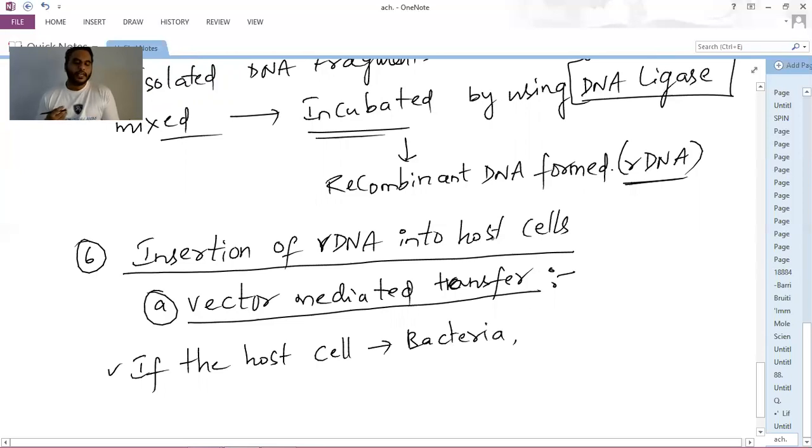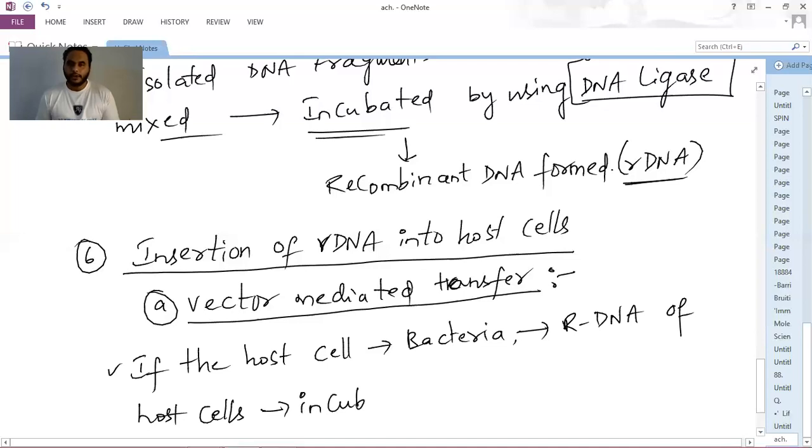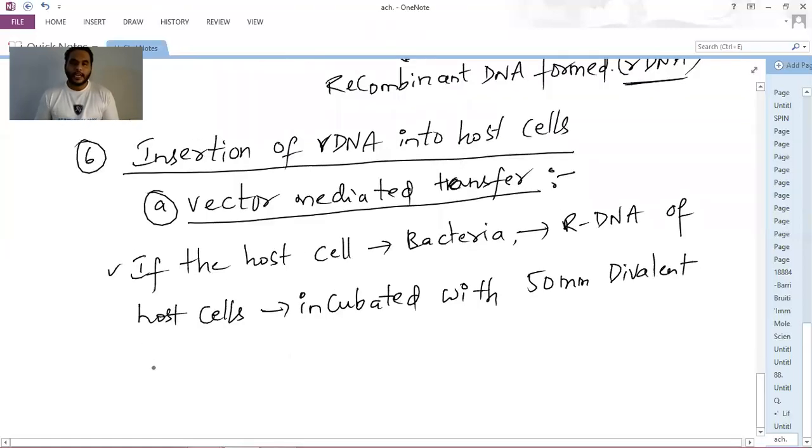Then the bacterial host cells are incubated with 50 mM divalent CaCl2 solution, calcium chloride solution, at a temperature of 42 degrees Celsius.